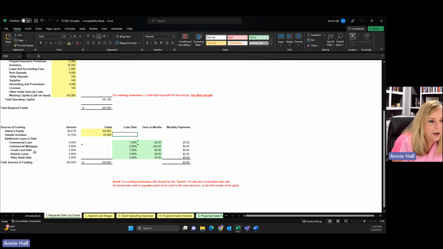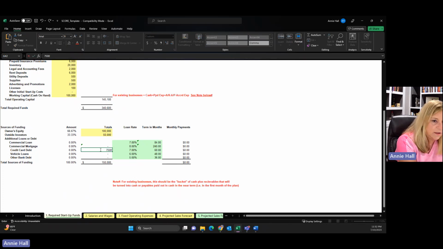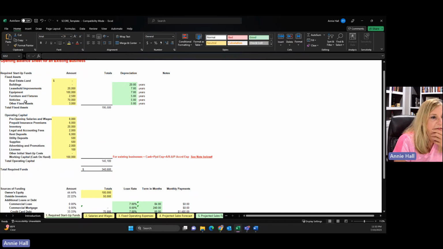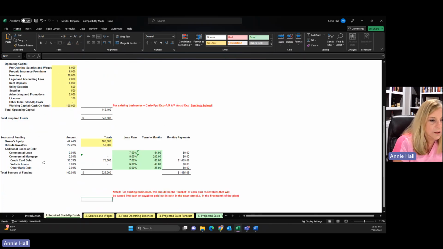And then I have some credit cards that I can use. So I'm going to put 75,000 on credit cards. And this car that I bought, the delivery van, that was $70,000. Well, I'm going to just have to put a vehicle loan here. I'll put 10,000 down on that.